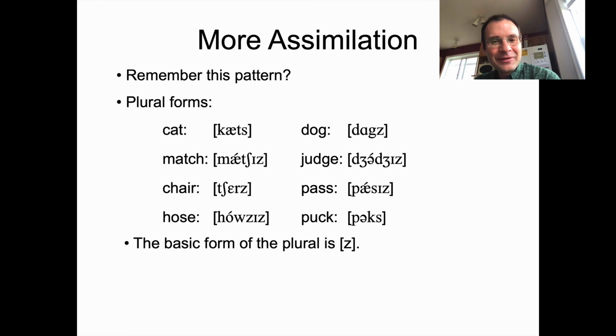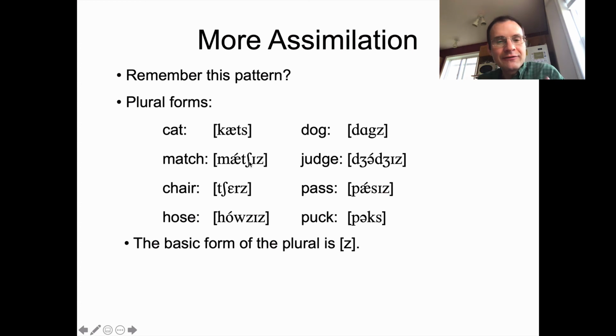But there's this other allomorph that we get for this particular suffix, the plural morpheme. When it attaches to roots that end in specific types of sounds like ch, j, s, z, it surfaces as is, right? And it, again, has to do with these particular sounds.